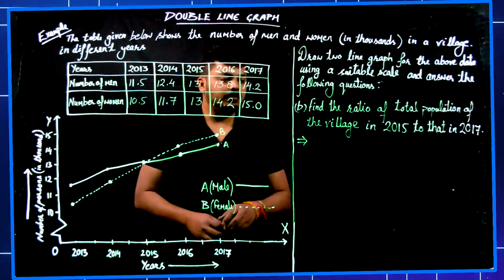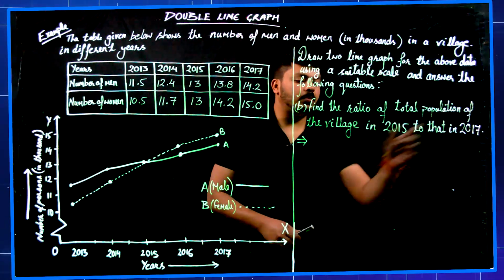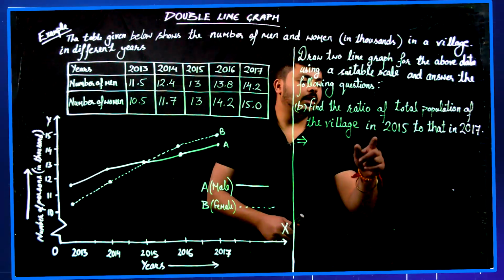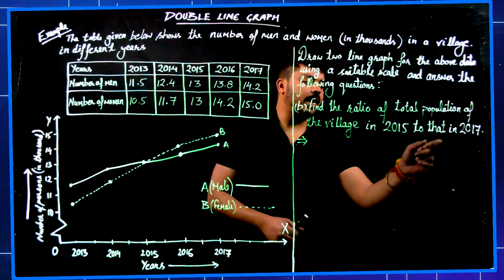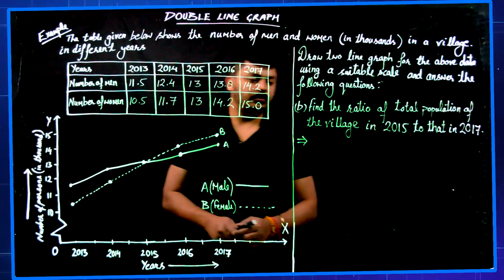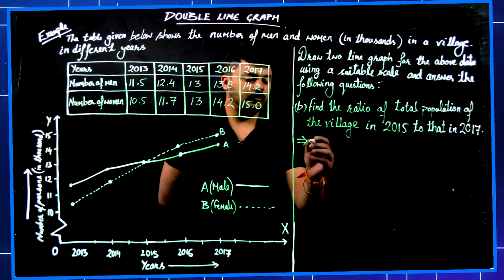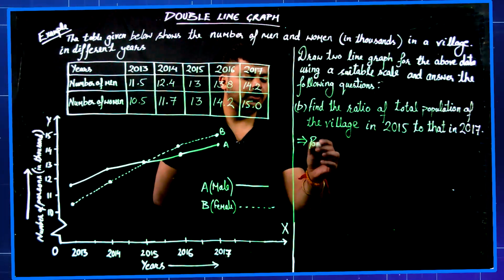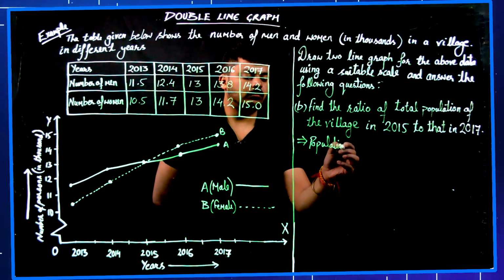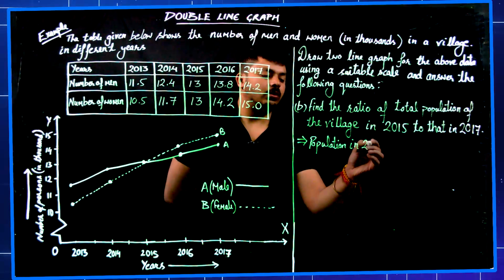Let's see part B. Find the ratio of the total population of the village in 2015 to that in 2017. First of all, we find the population in 2015.